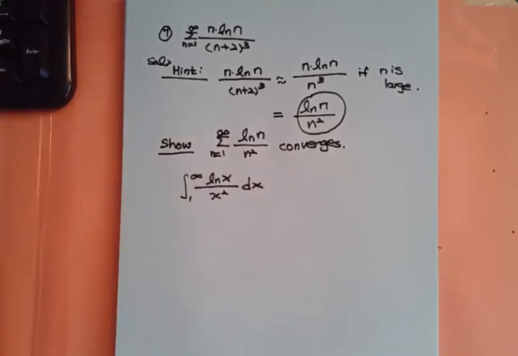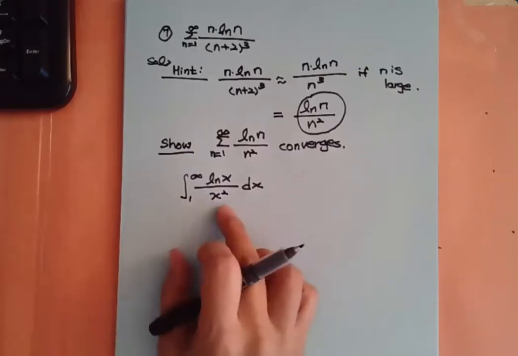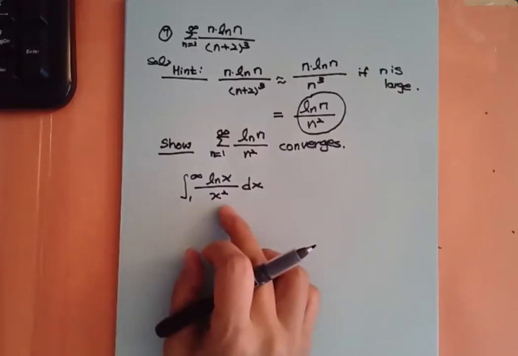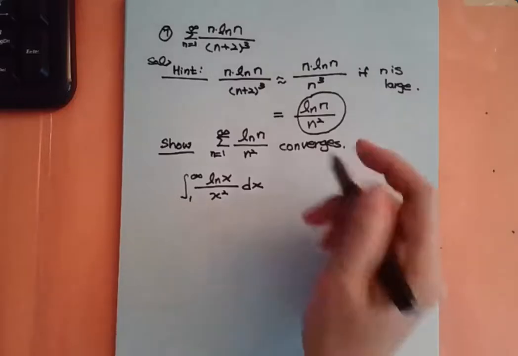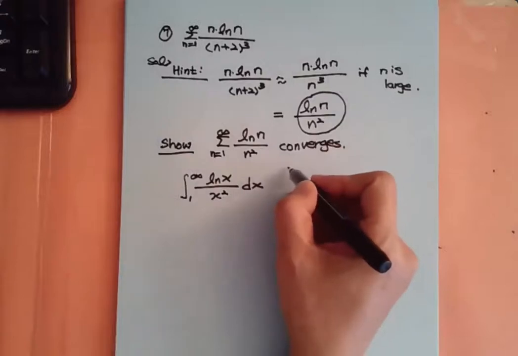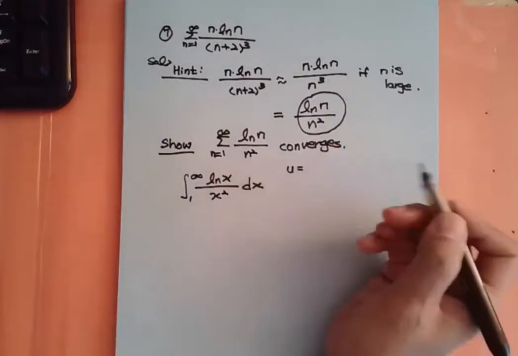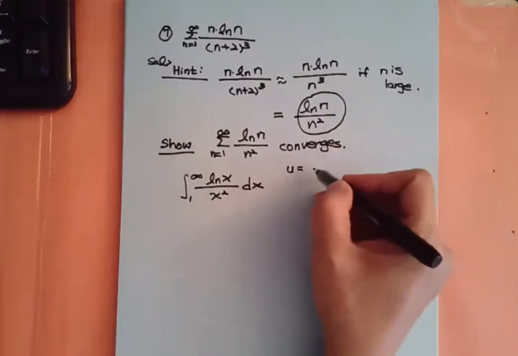What you notice from here is the derivative of natural log is 1 over x, but the denominator is x squared, so you cannot use a substitution method. Instead, you will use integration by parts.